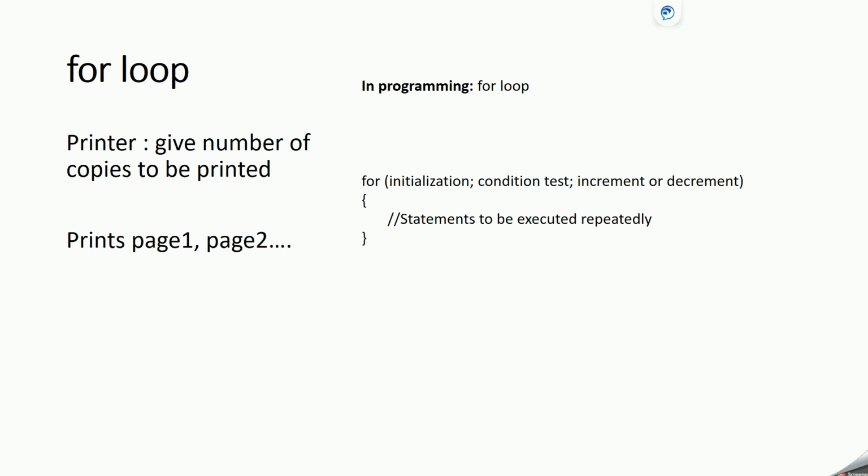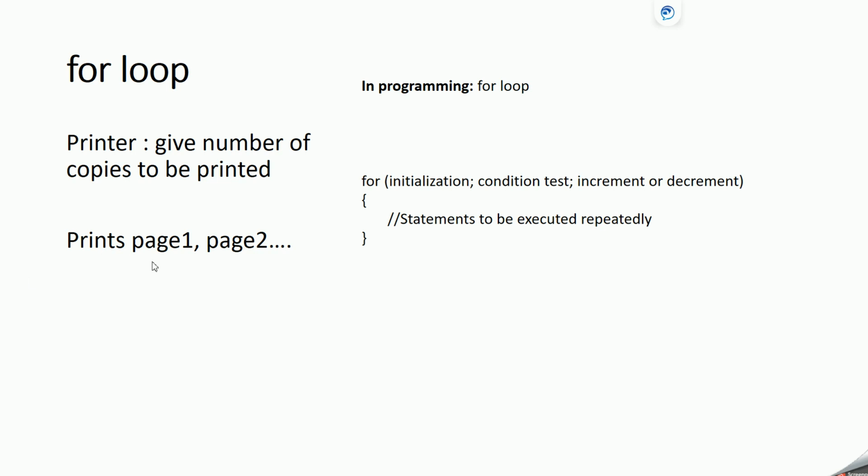Printing these 10 pages is a similar operation, each time a page has to be printed, meaning 10 times, and the printing operation is the same. So this is repetitive in nature. To achieve this repeating task in C programming, we use the concept of the for loop.